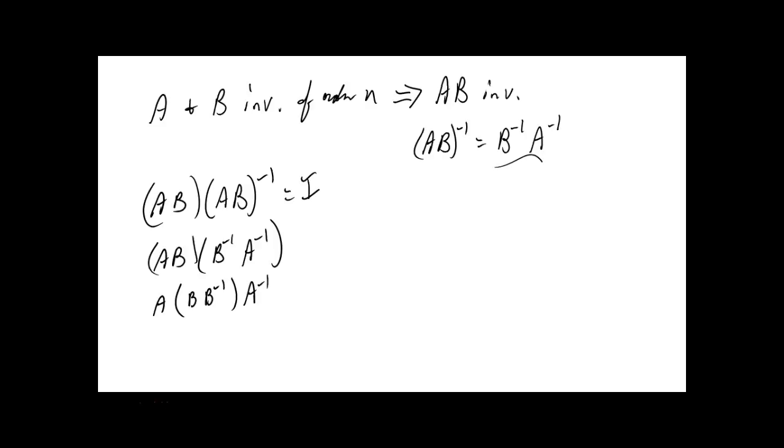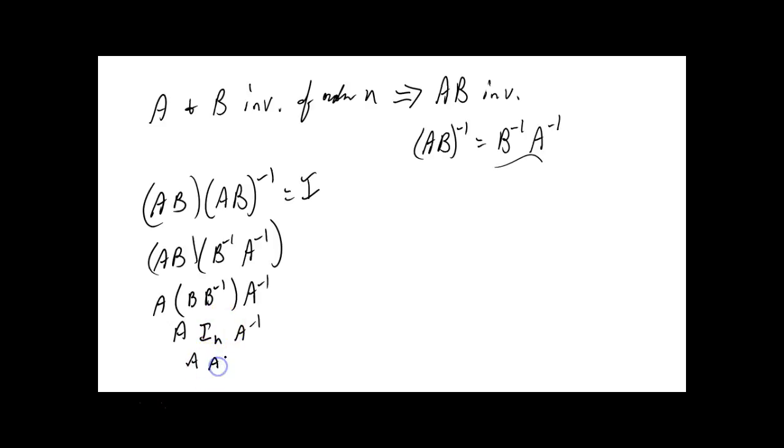What is B times B inverse? It's I, because B is invertible. So that's going to be I, right? So this is going to be the identity matrix, I sub n, right? And what is A times I sub n? It's going to be A. Multiply 7 by 1, you get 7. Multiply a matrix by the identity, you get the matrix.